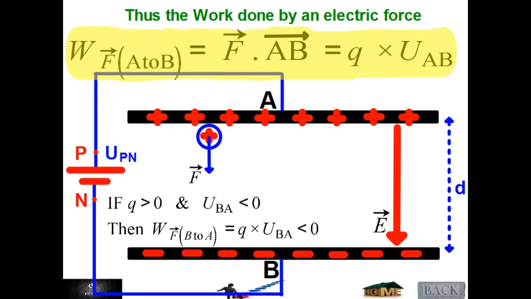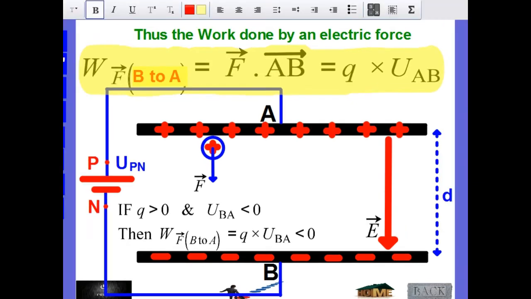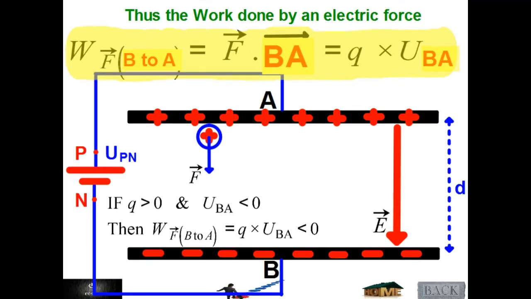The work done by F from B to A equals Q times UBA. Since UBA is negative, Q times UBA, positive times negative, the work will be negative, and we call it resistive work, since the electric force is opposite to the displacement.